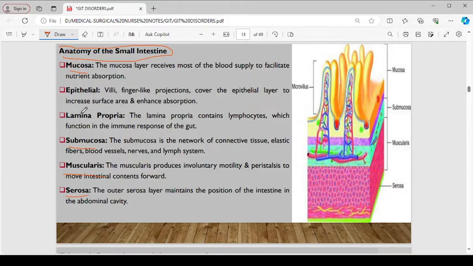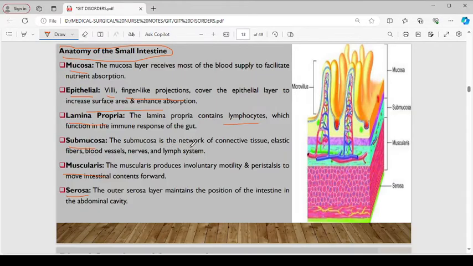We have the epithelial cells, which have villi, finger-like projections that cover the epithelial layer, to increase surface area and enhance absorption. Within the mucosa, we also have the lamina propria, which contains lymphocytes that function in the immune response of the gut.